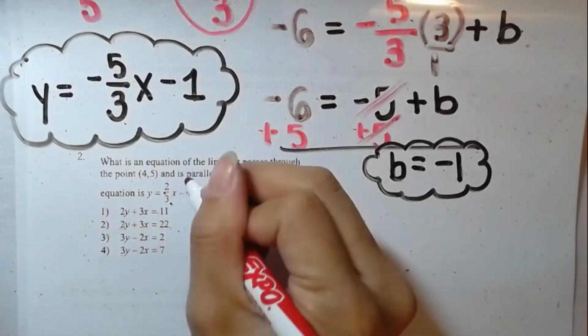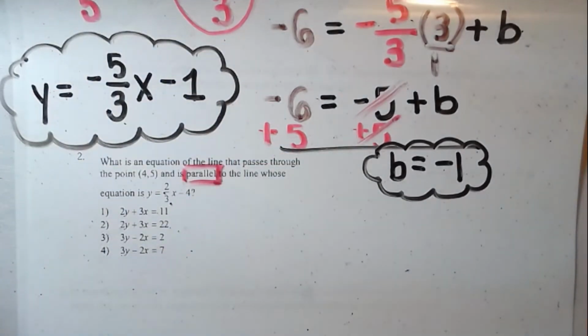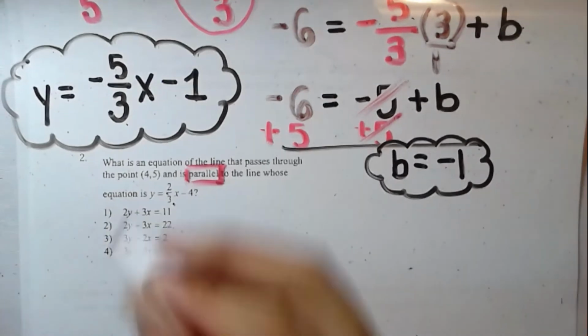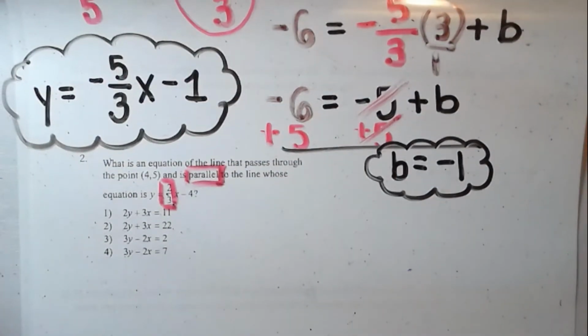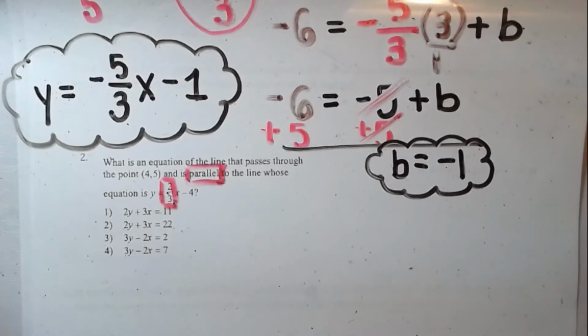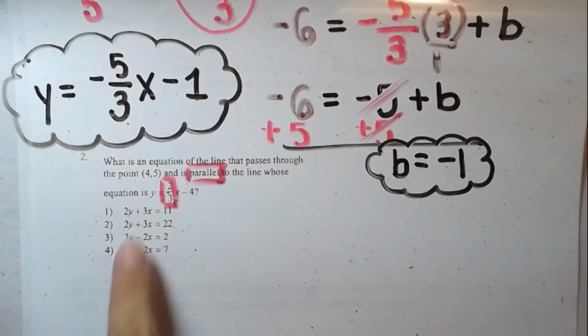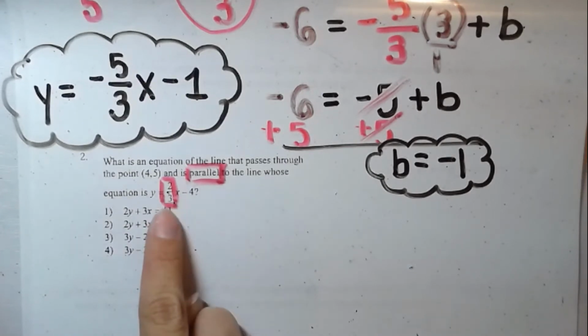And remember that parallel lines have the same slope. So if our slope in the original equation is 2/3, guess what's going to happen in a line that is parallel to this line? It's also going to have a slope that is 2/3.